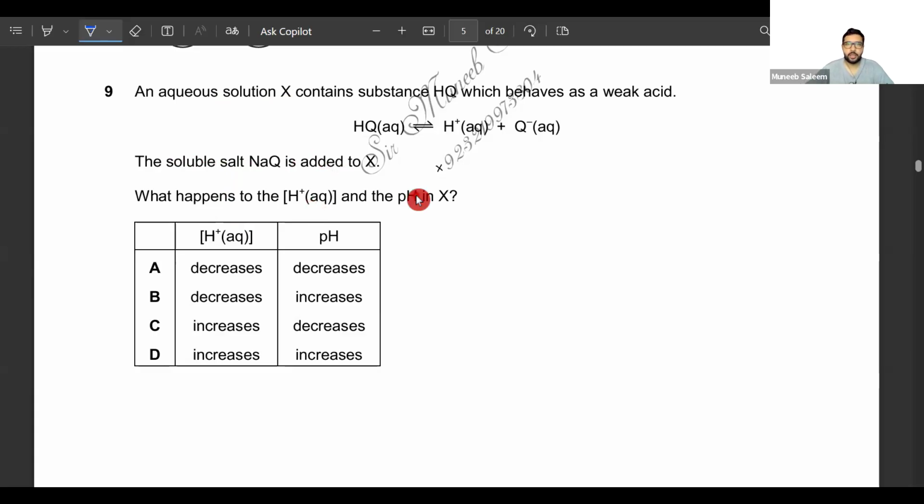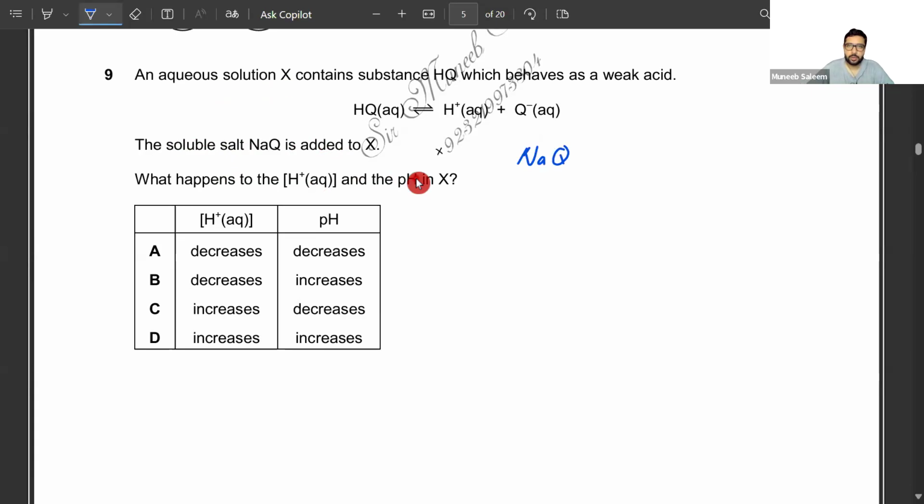So basically, the NaQ, when dissociated, it shall not be the equilibrium equation because it is a sodium salt, so it will only be producing the irreversible arrow, and it shall produce sodium ion and Q anion.